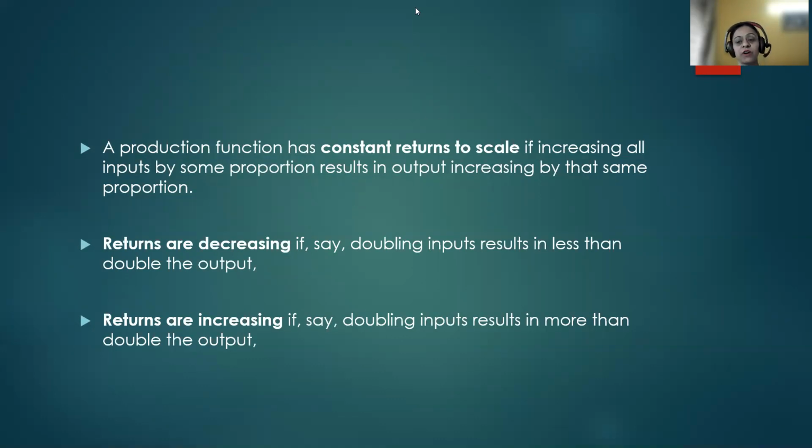If on doubling the inputs, we get less than double the output, then we say the production function has decreasing returns to scale. And the production function is said to have increasing returns to scale if, by doubling the inputs, we get more than doubled output.